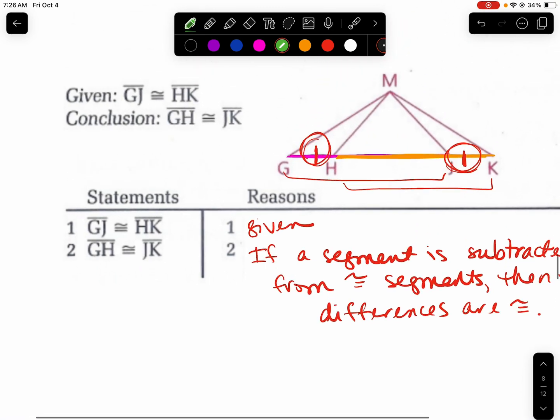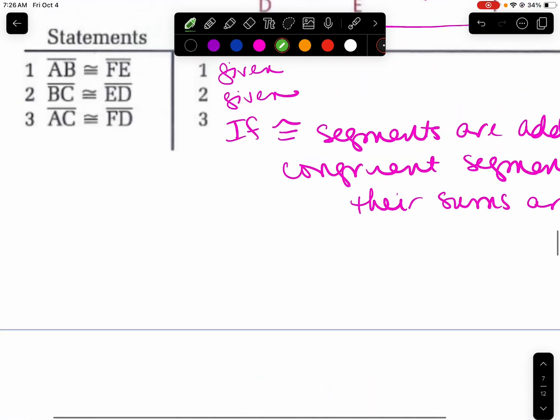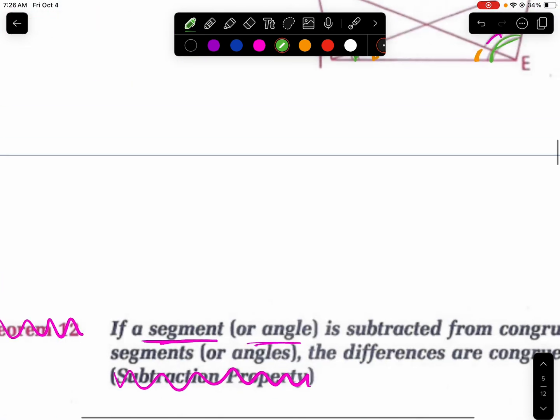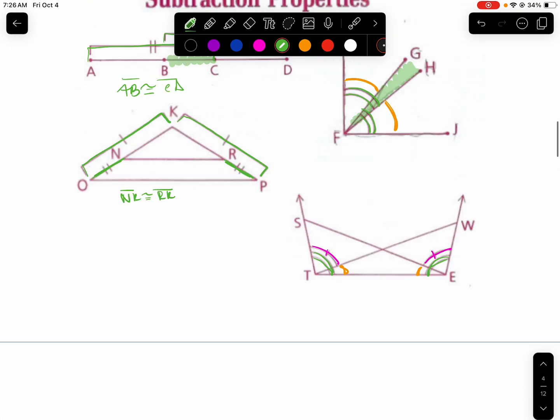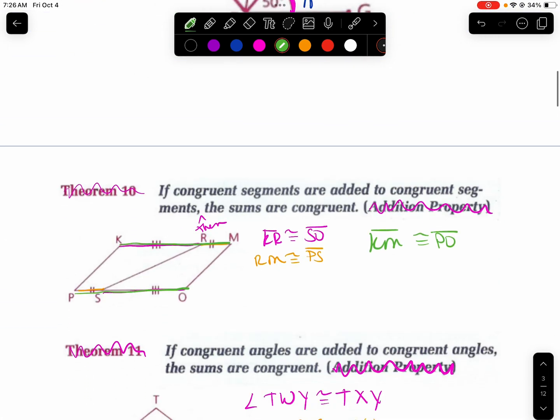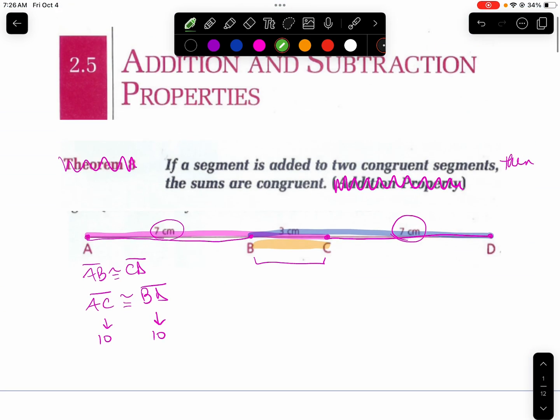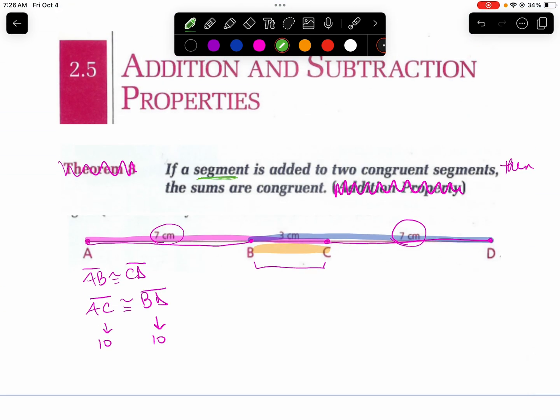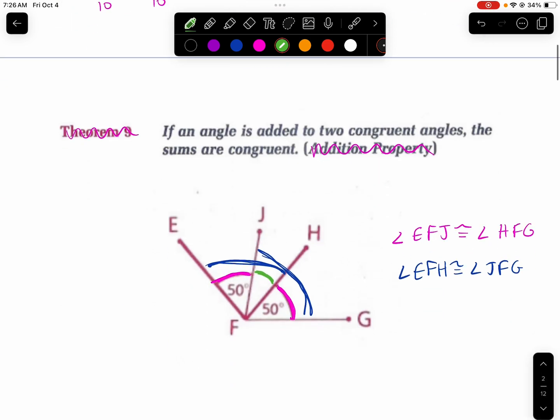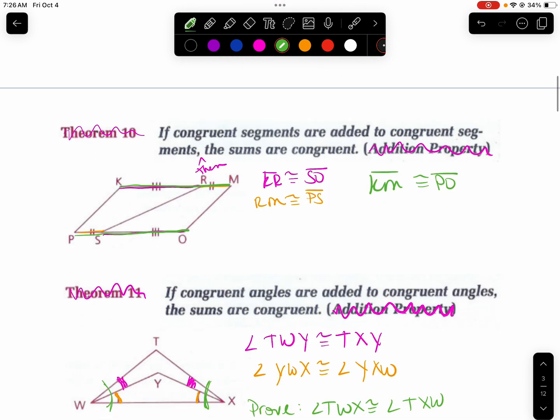So if we go back all the way up here, with our theorems, here we go. If a segment is added to congruent segments, there's going to be one piece that's added to both, or if congruent segments are added to congruent segments, or congruent angles.